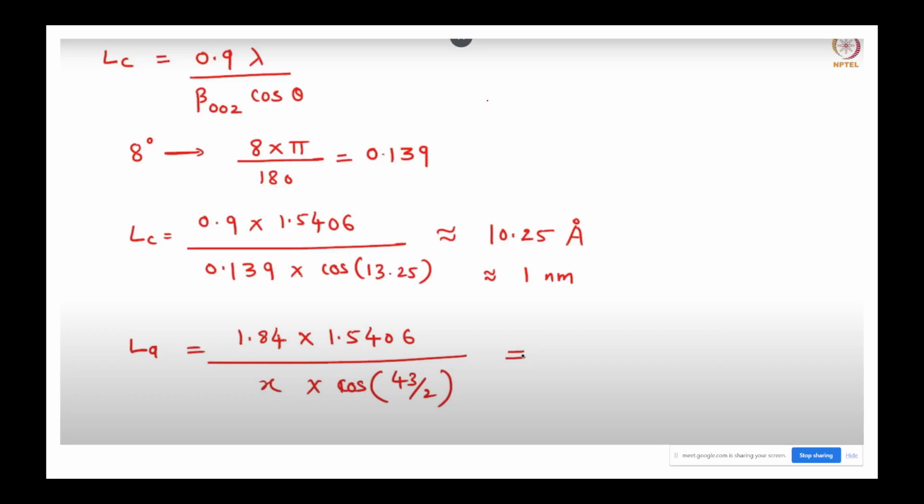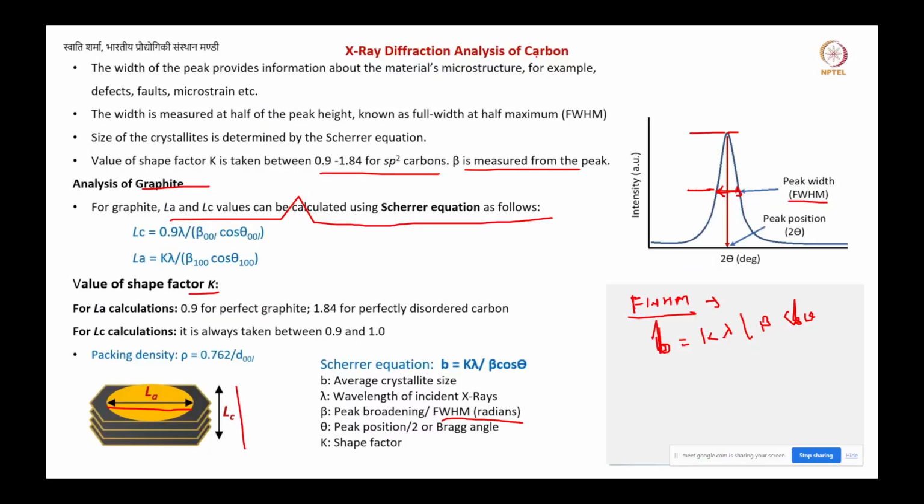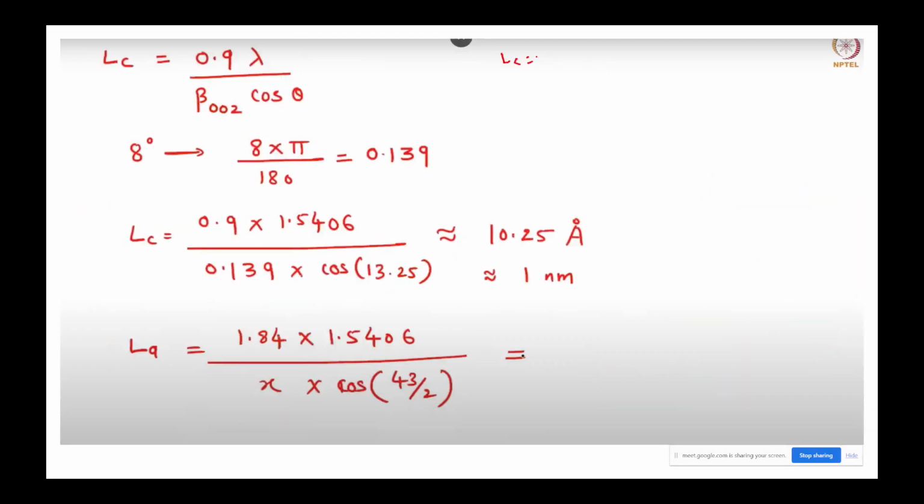Similarly, when you want to calculate Lc, what was the formula of Lc? Lc is 0.9 lambda by beta cos theta. Here the beta of 8 degrees you have to convert into radians, so pi by 180, and it will come around 0.139.